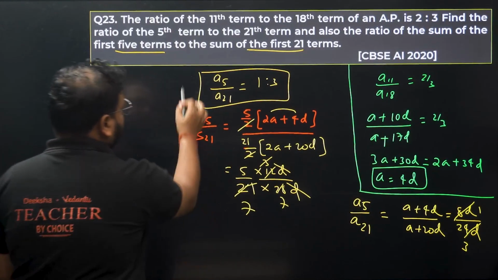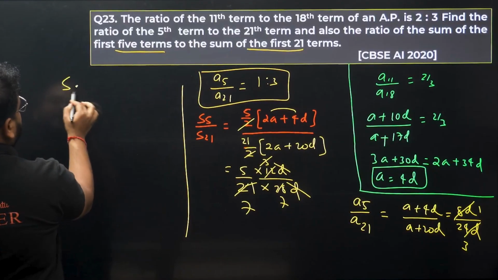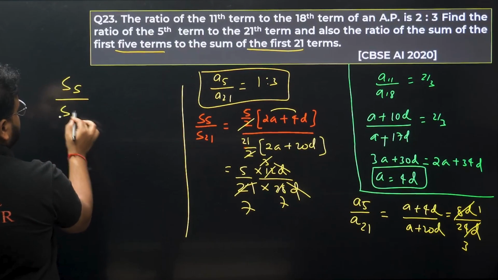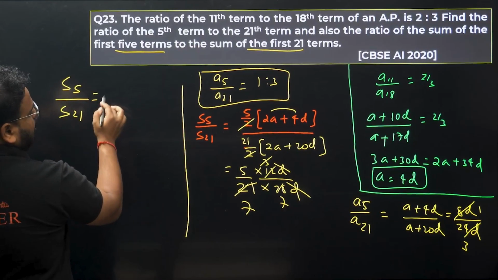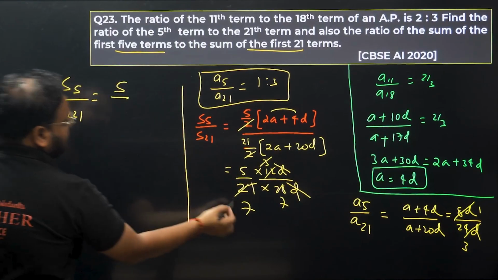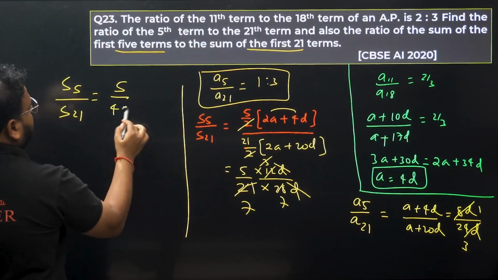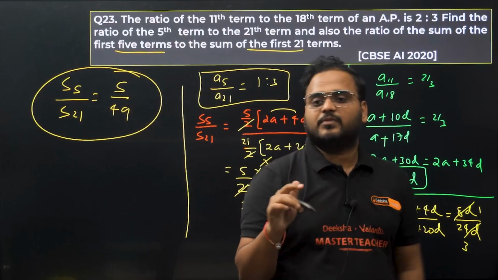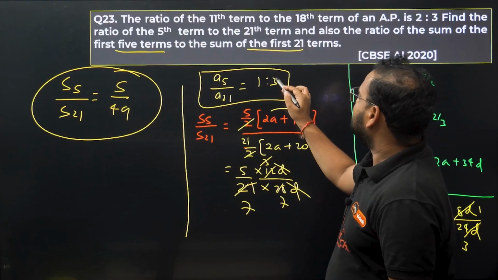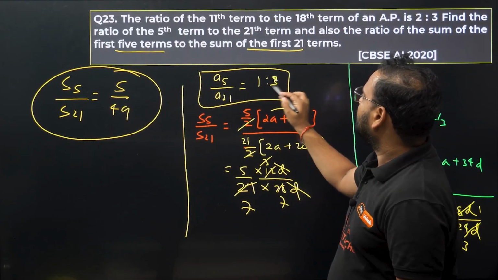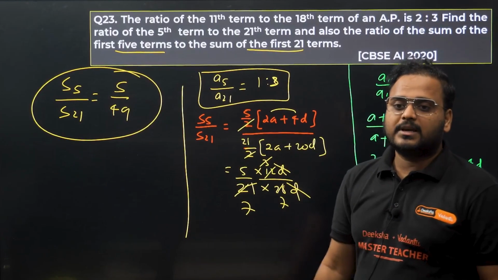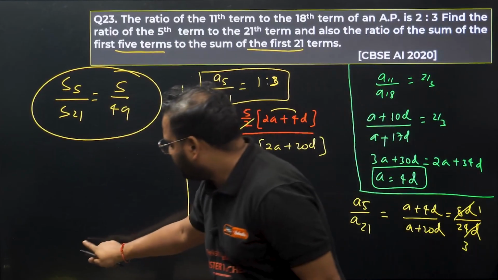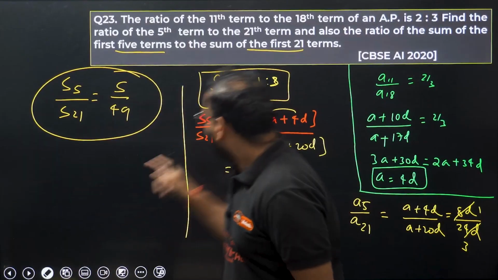My final answer, S5 to S21, is nothing but, please check, numerator has only 5 left. We have 7 into 7 in the denominator, 5 to 49. So your first answer is 1:3, and the second answer is 5 to 49.